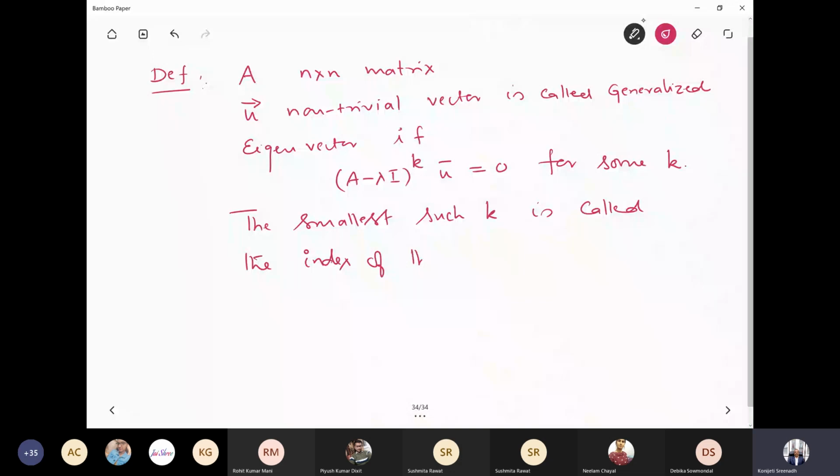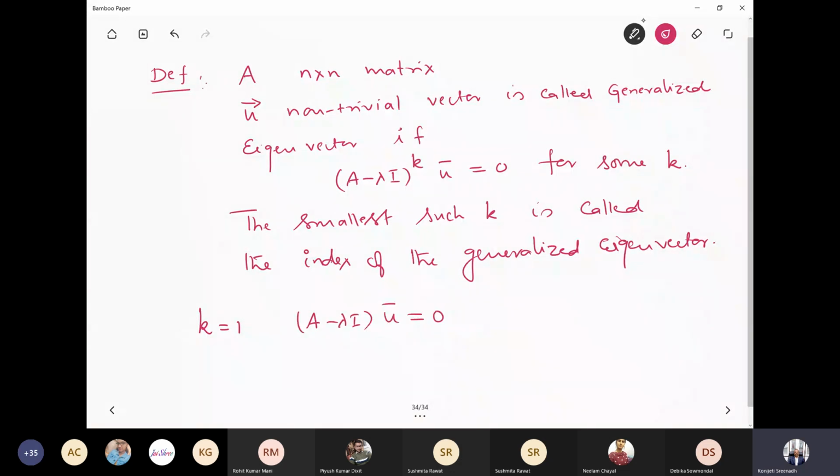Okay, eigenvectors I'm calling corresponding to the eigenvalue lambda. Lambda is fixed, a scalar, and if such a thing is true, then we call u a generalized eigenvector. Say for k equals 1, that is (A minus lambda I) u is 0. So that means u is an eigenvector.